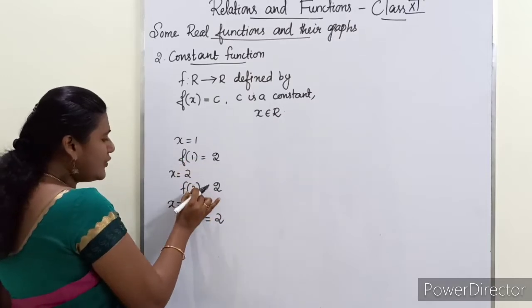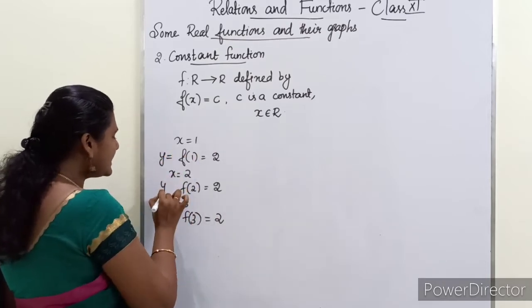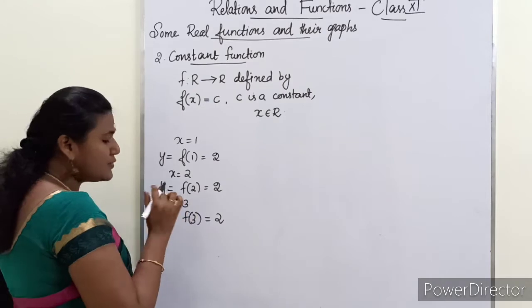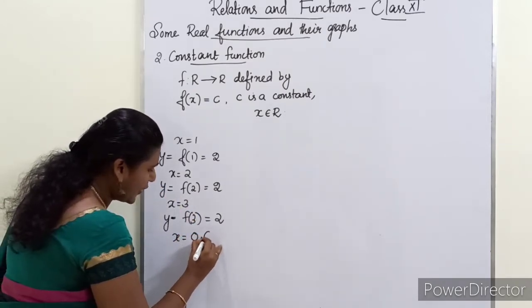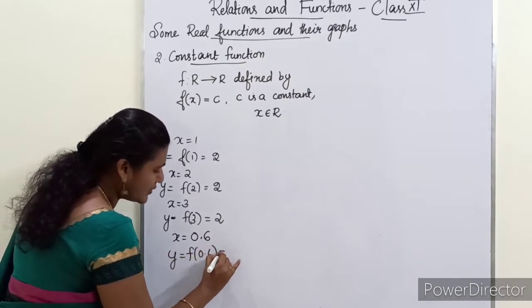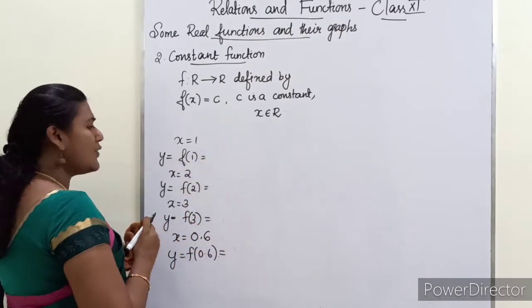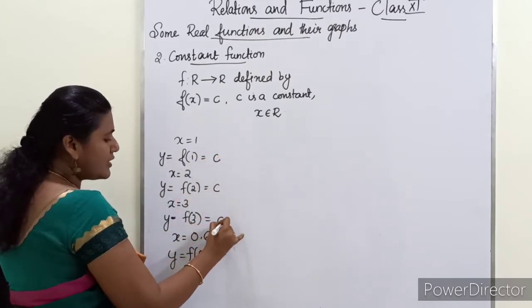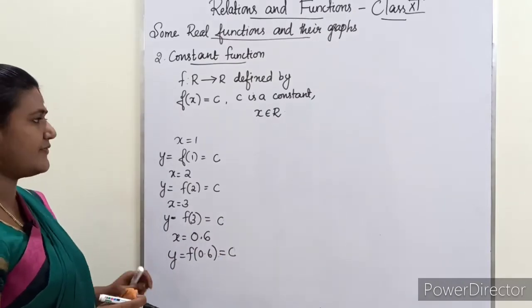So whatever value you take for x, the y value will be the same for all values of x. Even if you are taking a decimal value 0.6, then f of 0.6 is equal to the same 2. Here for example I have taken 2, you can take any c. So all these values will be a constant c. Such a function is called a constant function.